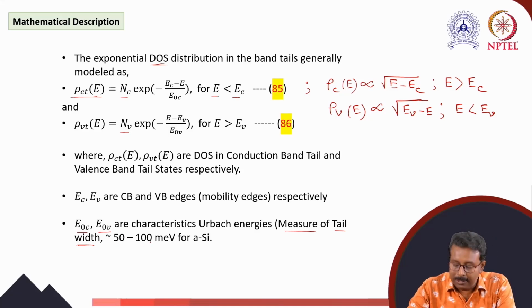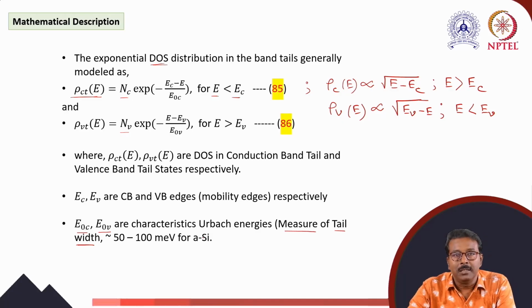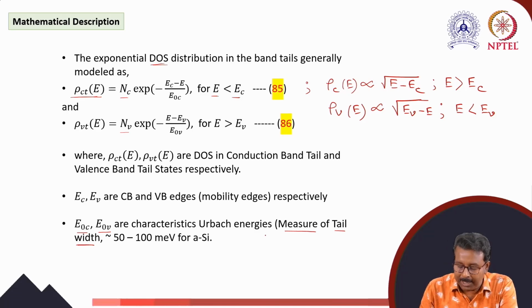And again, this value is determined like a fitting parameter by observing the Urbach tail or absorption spectra, etc. There are techniques, but it is not a fixed value. And it always uses an ensemble average approach, a statistical approach, to extract this value. Say for amorphous silicon, this value is noted. For other amorphous materials, this value will be different. And it is a measure of tail width.